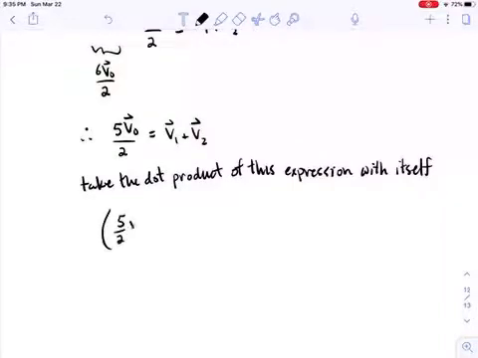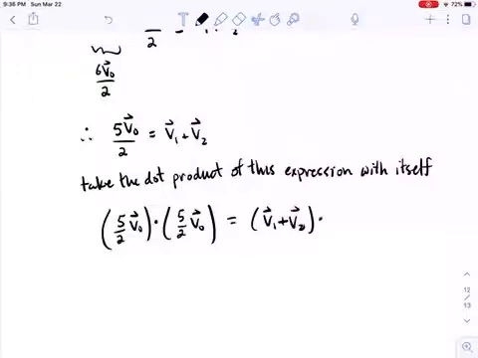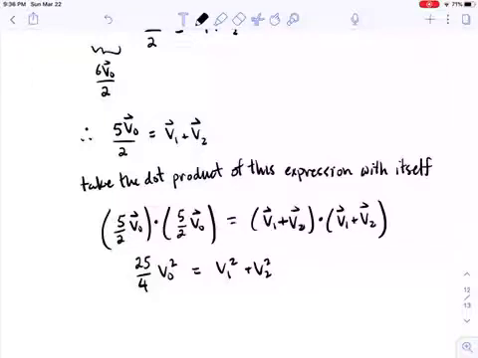It's 5/2 v0 dotted with 5/2 v0 must be equal to v1 plus v2 dotted with v1 plus v2. Okay, so that's 25/4 v0 squared is equal to v1 dot v1, which is v1 squared, v2 dot v2, which is v2 squared, and then we get 2 times v1 dotted with v2.